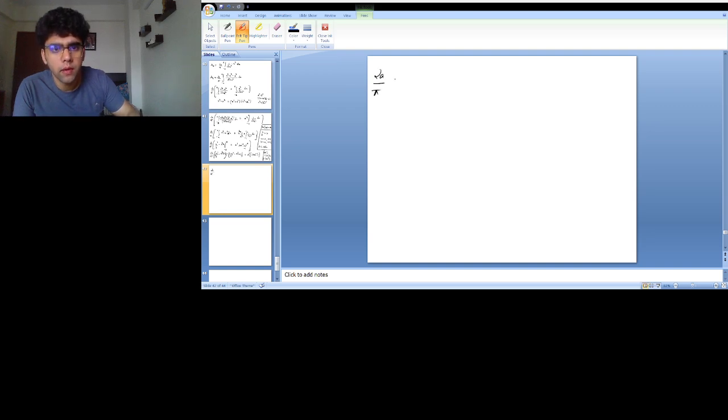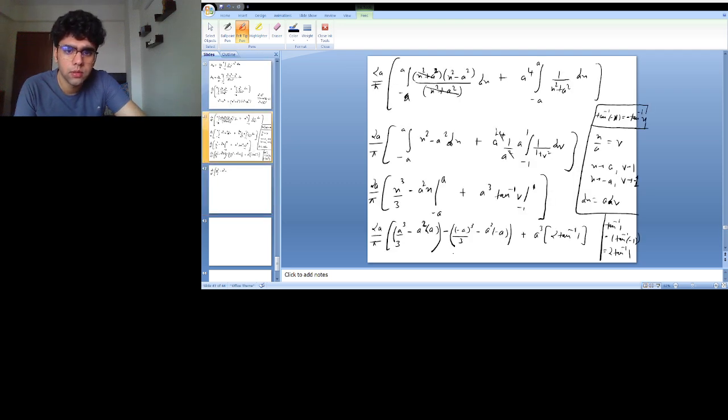2a upon pi. Now after substituting, this became a cube upon 3, and this was minus a cube minus, I'm just opening the brackets. This becomes minus a cube upon 3 plus a cube, so minus minus plus, and this is plus a cube and another minus sign, so this becomes minus a cube.